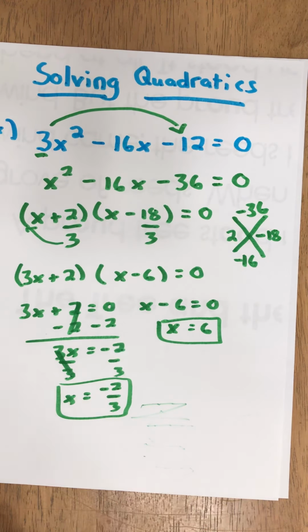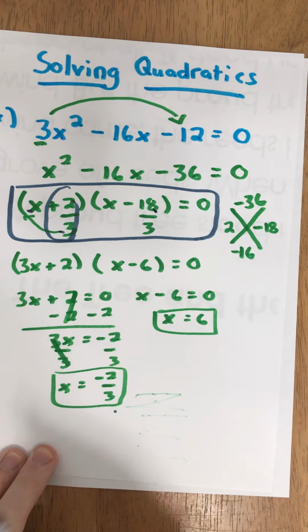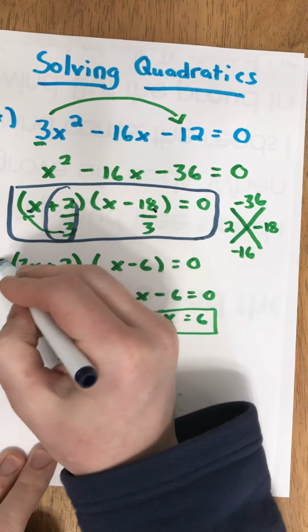So instead of popping this 3 up front, you can just say, oh, opposite of 2/3, negative 2/3. Opposite of negative 6, positive 6. And you can kind of save yourself this work right here if you do that. Now, if you don't understand that, or that seems a little too complicated for you, feel free to do this work down here. It's just going to take you a couple of seconds longer.